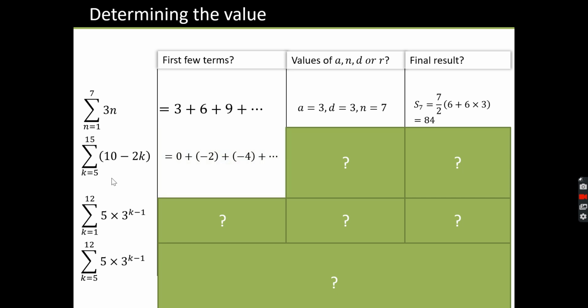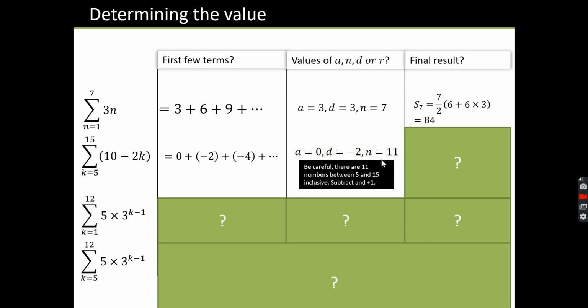How many terms are there? There's term 5, 6, 7, 8, 9, 10, 11, 12, 13, 14, 15. That's right, there's 11 terms, not 10 terms. 1, 2, 3, 4 are missing. You need to be very, very careful. This is a very common mistake.